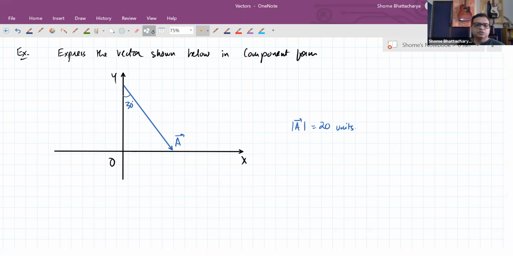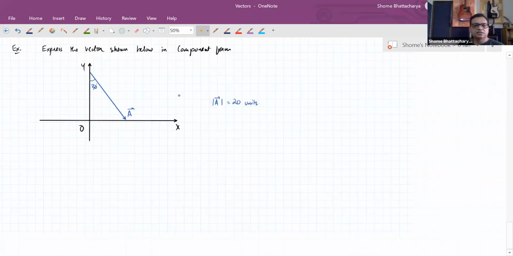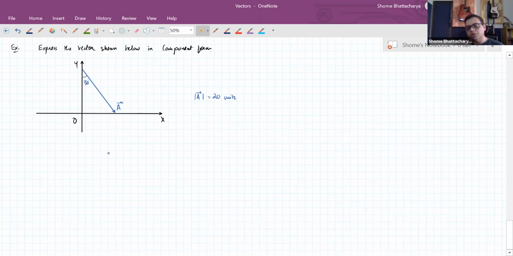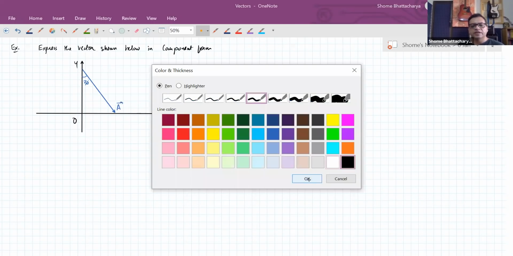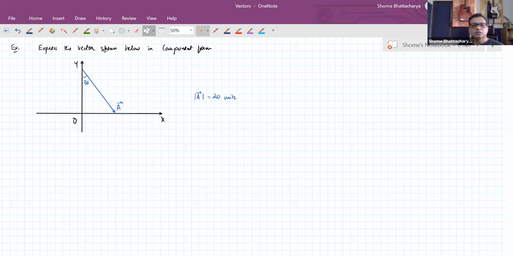So when we are converting this to component form, the first thing we have to figure out is what angle this makes with respect to the x-axis, so that we can find out the x and y components. So we will have to convert the diagram a little bit. Like I have told you earlier, remember vectors are completely movable. So what we have to do is first redraw or shift that vector A such that it is drawn from the origin.